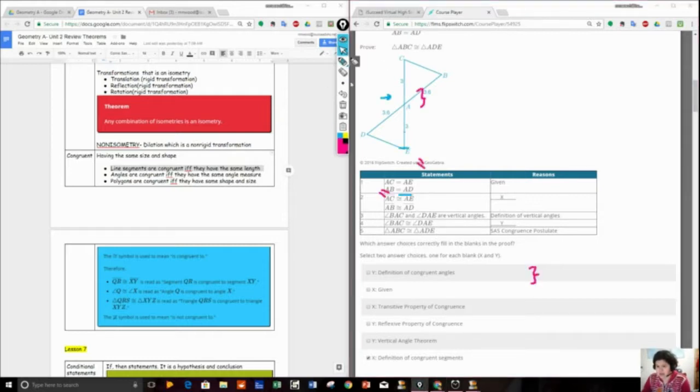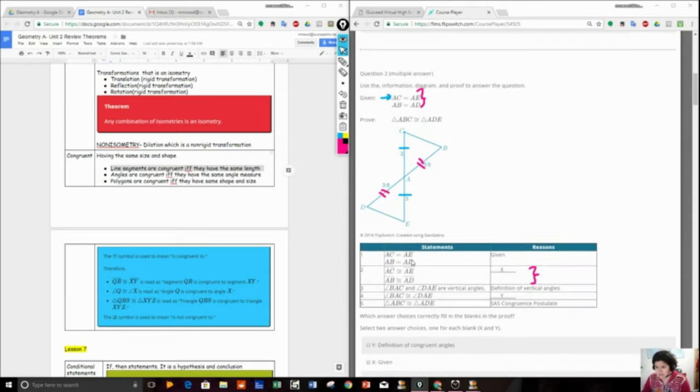It is saying that angle BAC and angle DAE are vertical angles. So what angle is that? Just so we can have it in our head, we follow the order that those points are listed out.